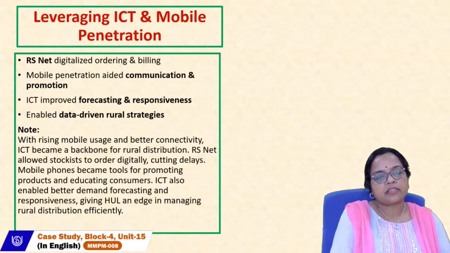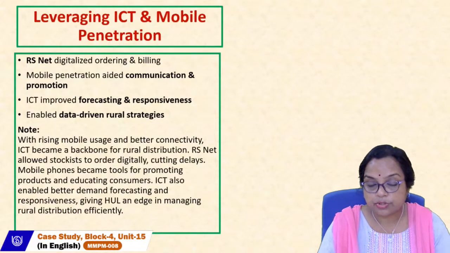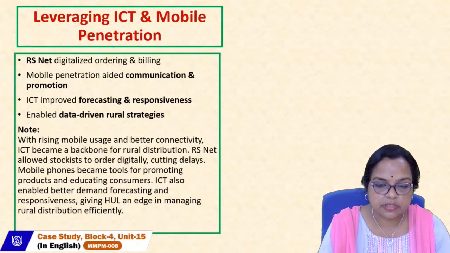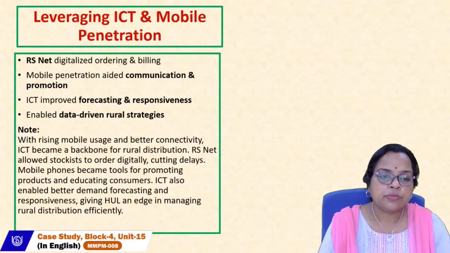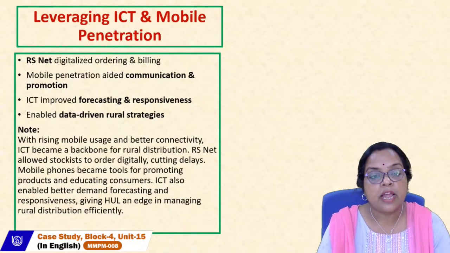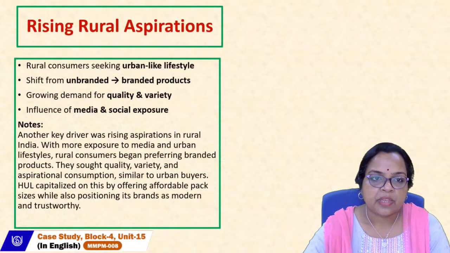We discussed RSNet, where the stockist or distributor or wholesaler was ordering through a digital medium. With the introduction of mobile penetration, it again enhanced the communication and promotion channels. ICT improved forecasting and responsiveness. So this data driven rural strategy was a success for HUL.